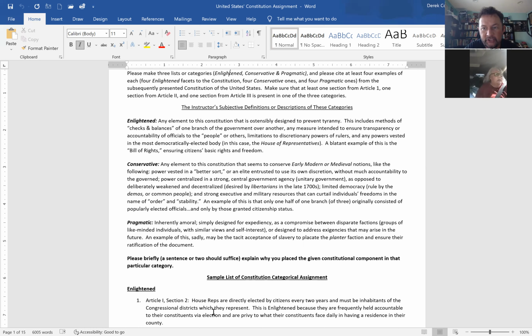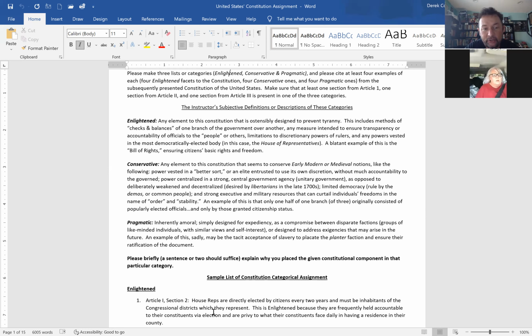At least 4 sections in each one. And I have my subjective definitions for the 3 of them. So enlightened: anything to prevent tyranny, anything involving checks and balances, anything demanding transparency, accountability, I would put under enlightened.